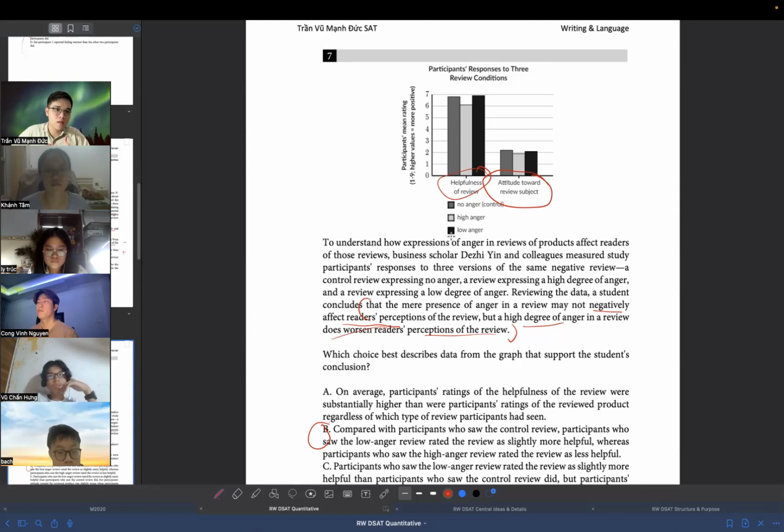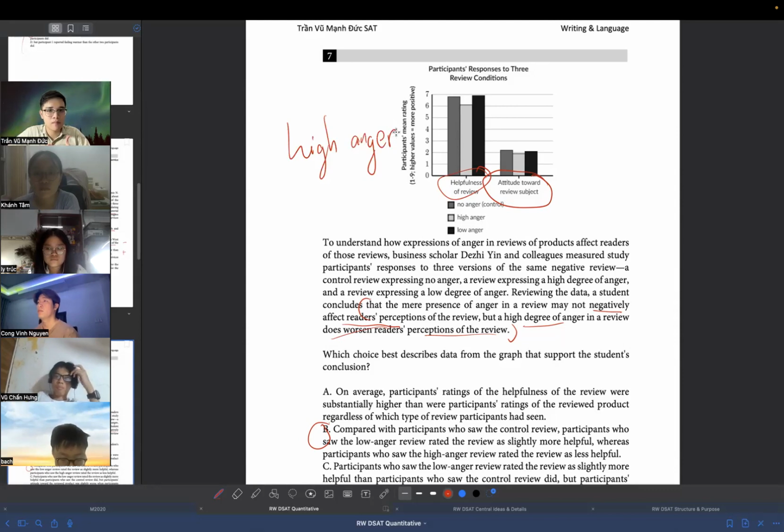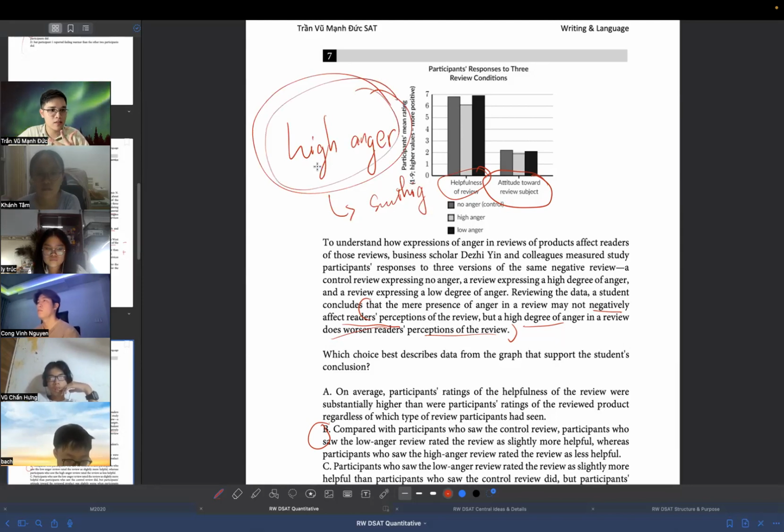For example, if you try to test this with high anger, in statistics and in surveys, if you want to test whether high anger affects a certain aspect, you firstly need 3 groups. Firstly is the high anger group. Secondly is the contradicting group, which is the low anger group. And thirdly is the control group.